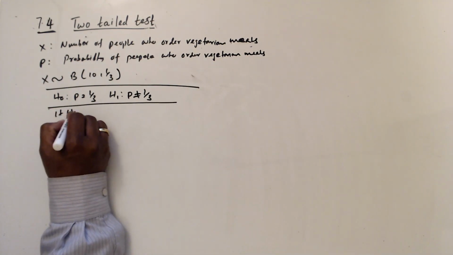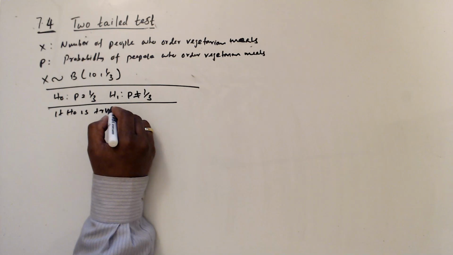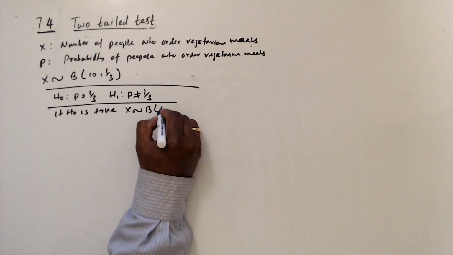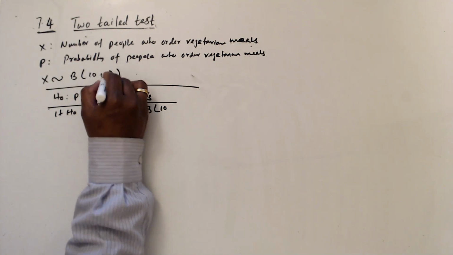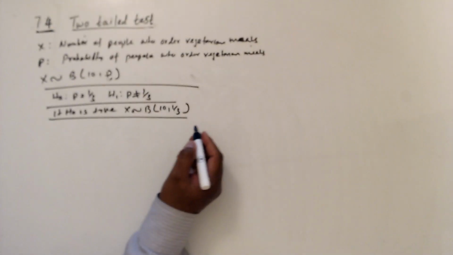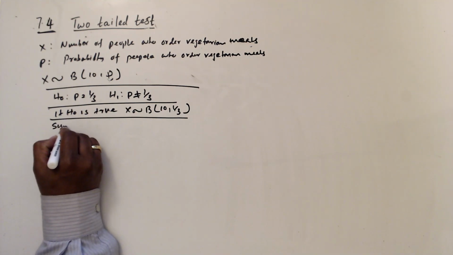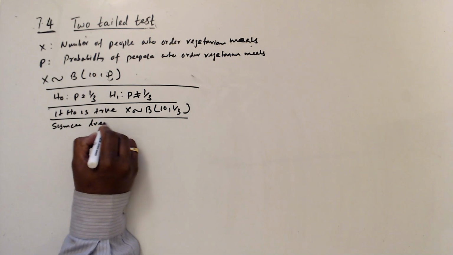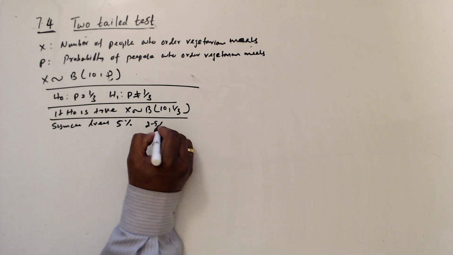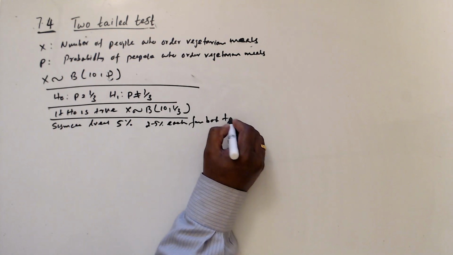If H naught is true, X follows binomial 10, 1/3, and the significance level is 5%, or 2.5% each for both tails.